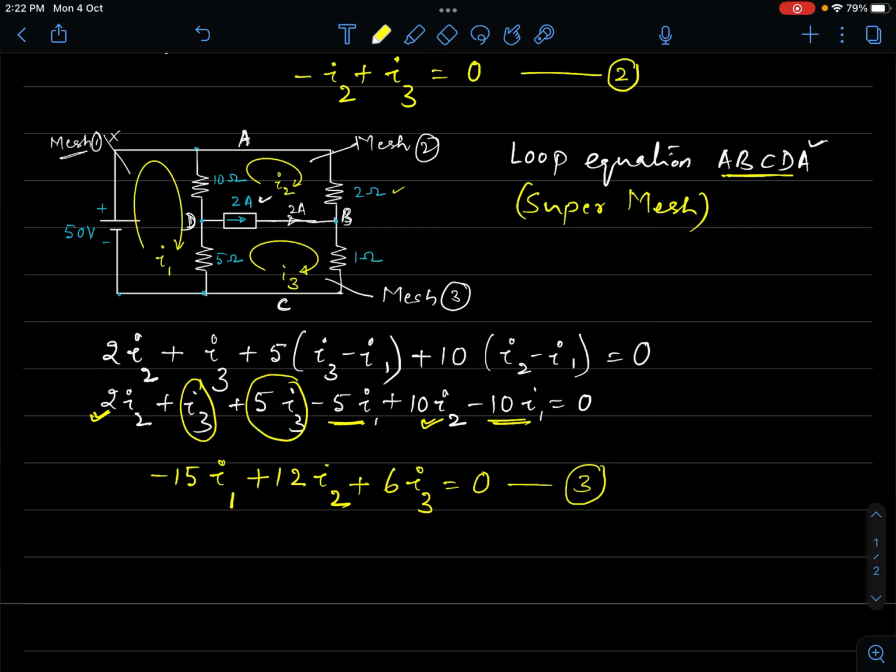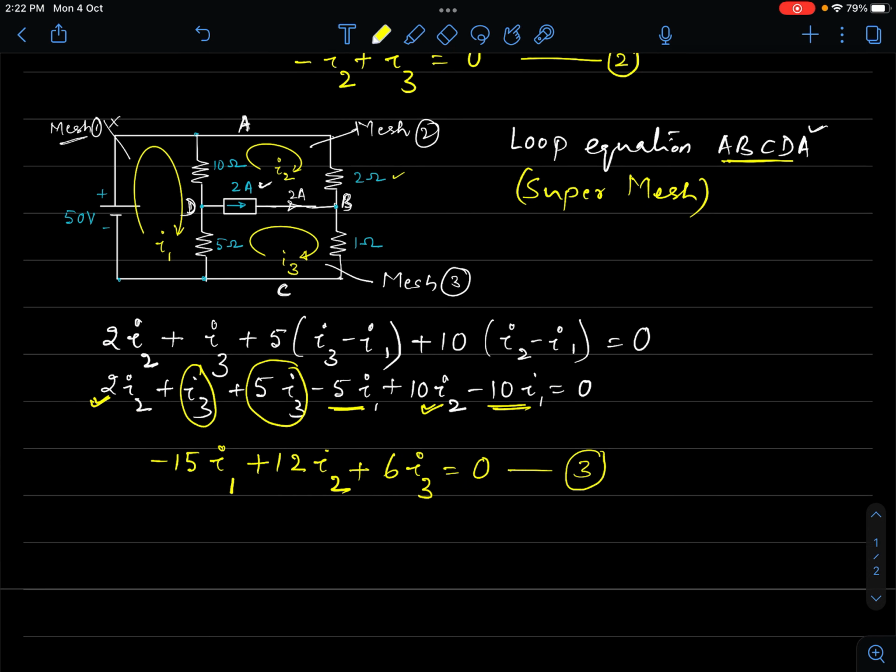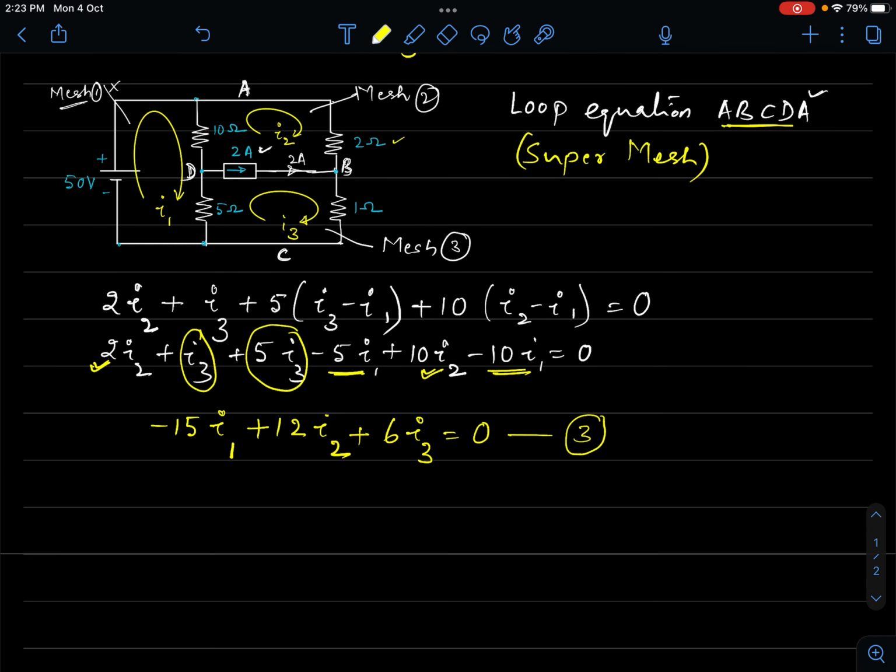If you look at mesh 2, it has got the 2 ohm resistance and the 10 ohm resistance. So I2 is flowing through these 2 resistances, and that would make it 12I2. I'm talking about this portion. As far as I3 is concerned, I3 is flowing through this 1 ohm resistance and this 5 ohm resistance. That would make it plus 6I3.